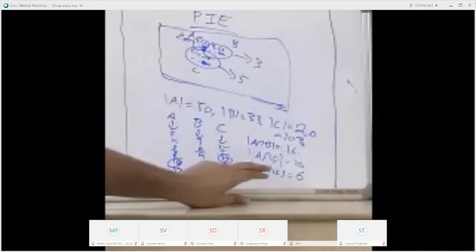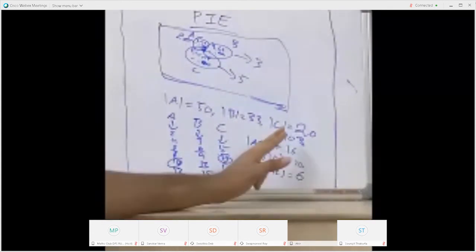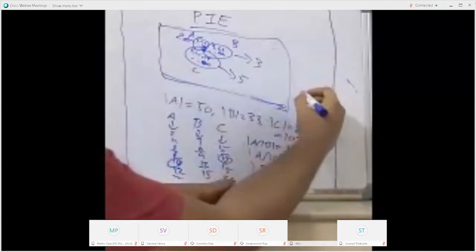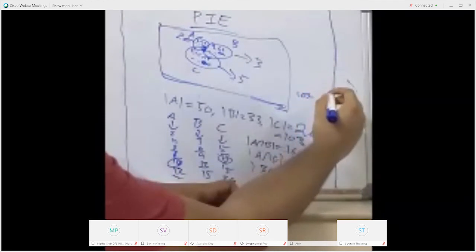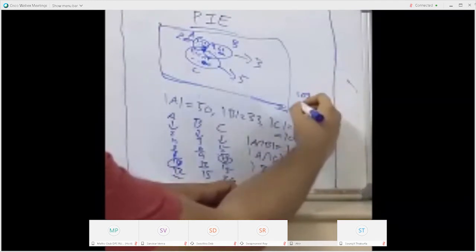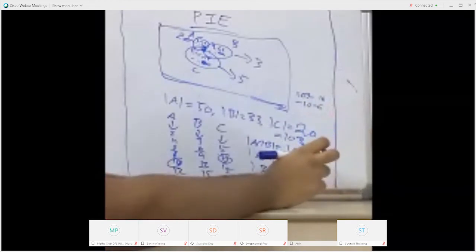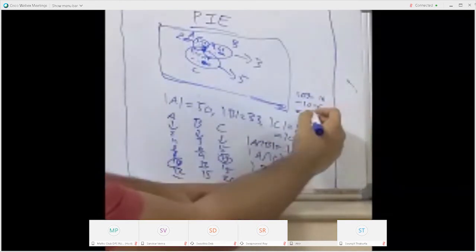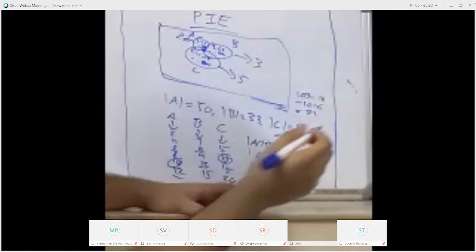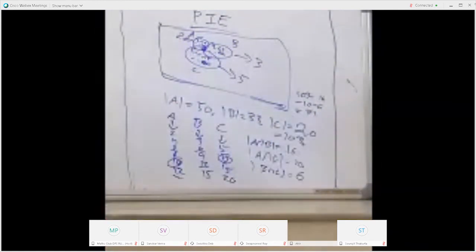So now if we subtract all these overcounted numbers from here, we get 103 minus 16 minus 10 minus 6, which gives us 71. But the LCM of all of these three has also to be subtracted.